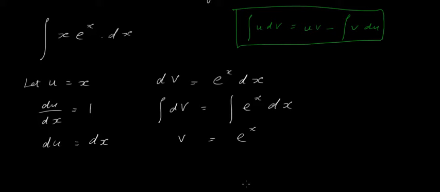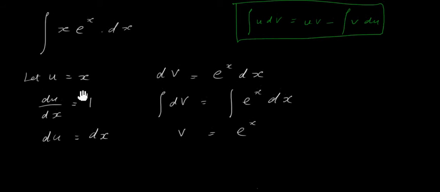So let's continue. We want to fill out the bits and pieces for our formula. We need the integral of u dv, so we have the integral of x e to the power of x dx. What will that be equal to? Remember, u is our x, and dv is e to the power of x dx.